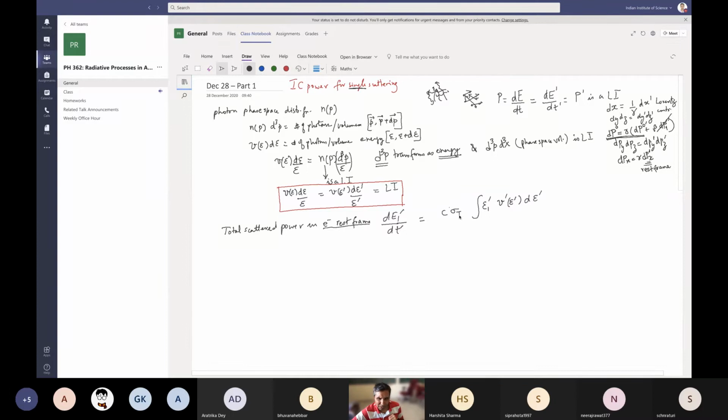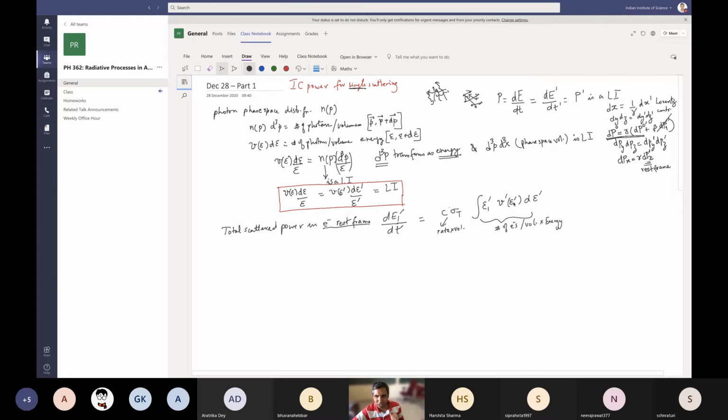Here sigma T is the Thomson scattering cross section. We are assuming we are in the Thomson limit, and c is the speed of light. This is like a rate times volume, and this is like the number of electrons per unit volume times the energy. When you multiply all this, you have energy per unit time, which is power.